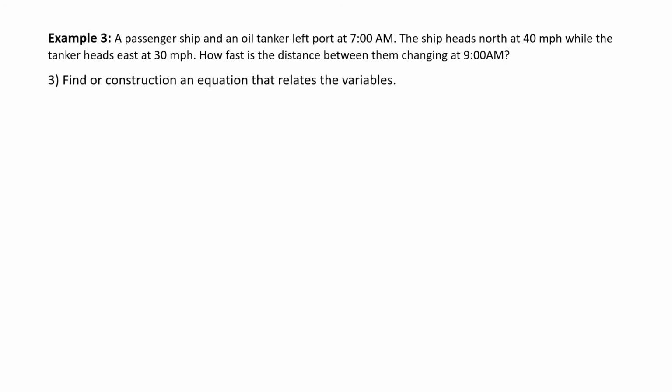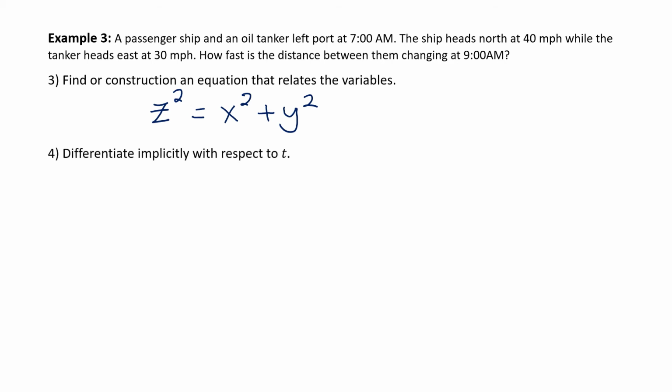We're working with a right triangle, so let's use the Pythagorean equation for a right triangle. That is the hypotenuse squared, z squared, is equal to the sum of the other two sides, x squared plus y squared. We need to implicitly differentiate that with respect to t. The derivative of z squared is 2z.